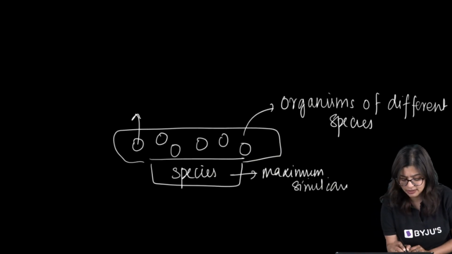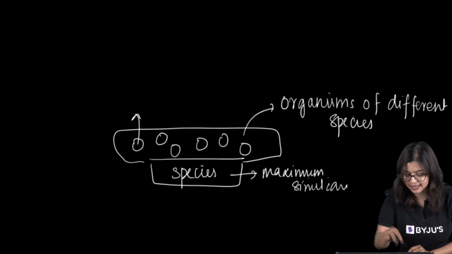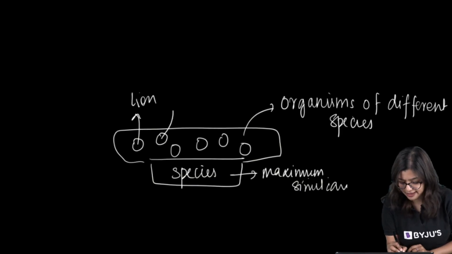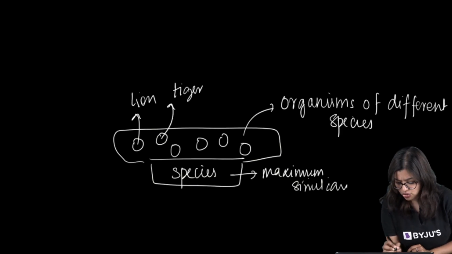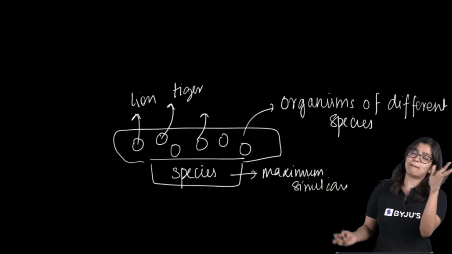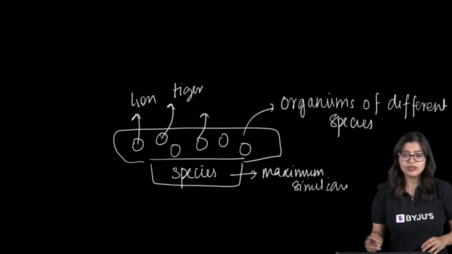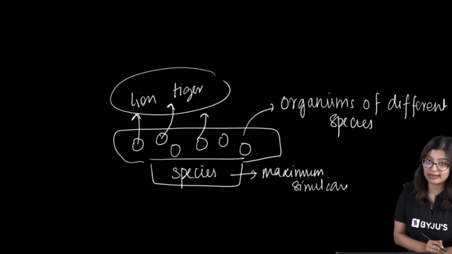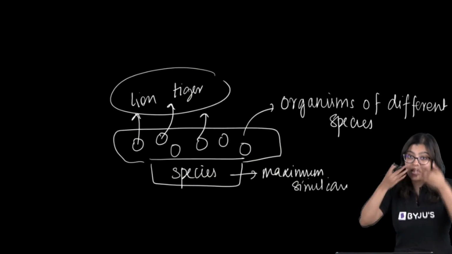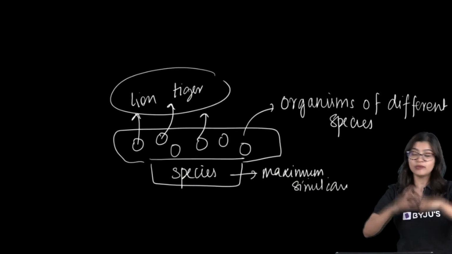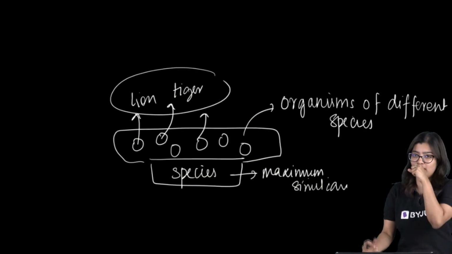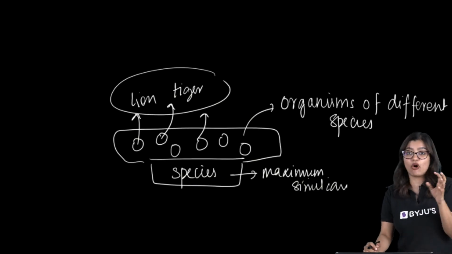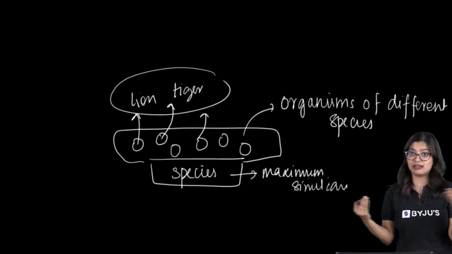So for example, you have lion, tiger, leopard, and so on. They all have some common characteristics and features: those whiskers, the kind of diet that they follow, the patterns in their eyes.